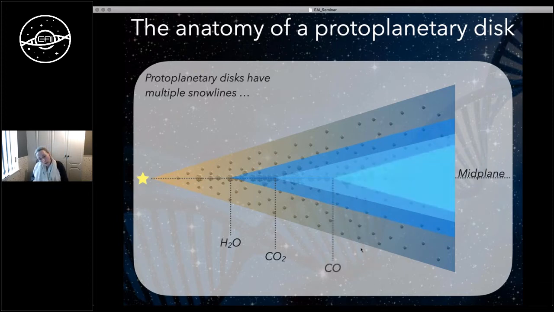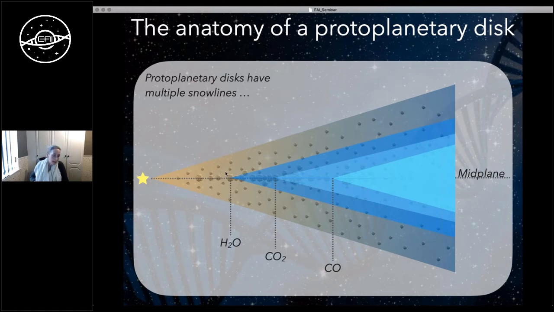So as we move outwards in the disk midplane, we sequentially start to freeze out more and more volatile molecules. For example, we'll have an equivalent snow line for CO2, beyond which CO2 will freeze out as ice on the dust grains, and then further out in the disk we start to freeze out even our hypervolatiles that have a very low desorption temperature, such as CO, and N2 would be another example of that.